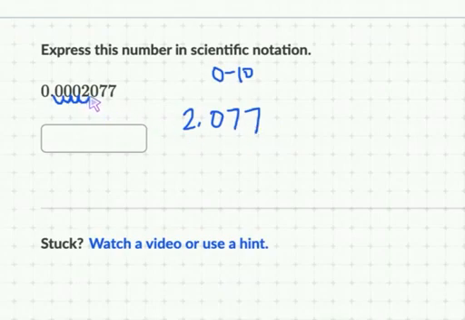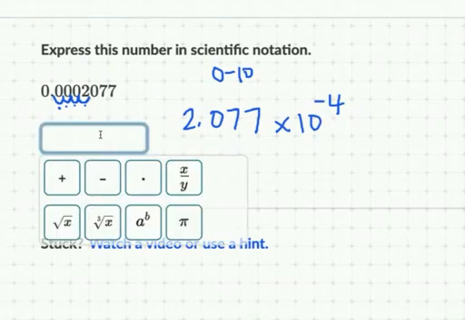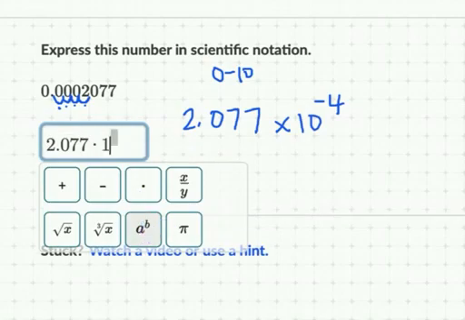I'll stop right after the first non-zero digit. And then I need to multiply by 10 to a power. How many place values did I go? 1, 2, 3, 4. And is it positive or negative? This is a very small number, so it's going to be negative. So your answer should be 2.077 times 10 to the negative 4th power.